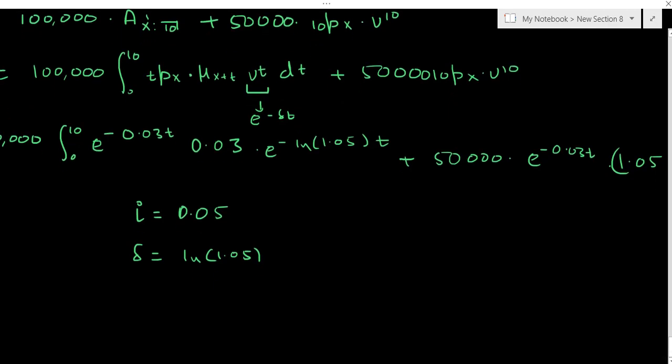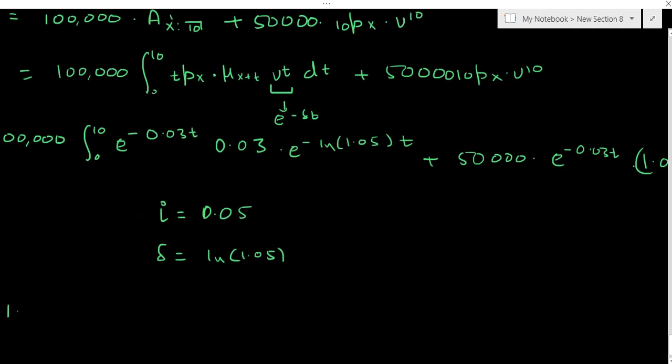So this just becomes 100,000 into 0.03 comes outside, and the inside thing is going from 0 to 10, e to the power of minus 0.03 plus ln of 1.05, and this is t dt.